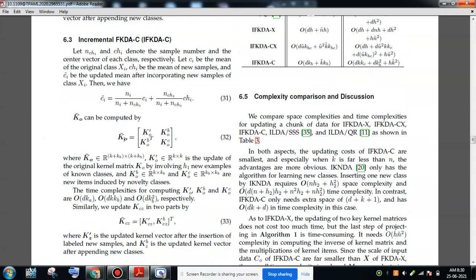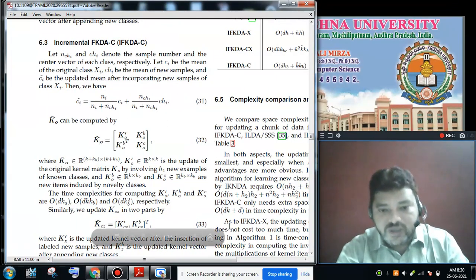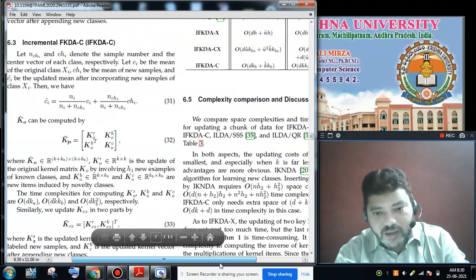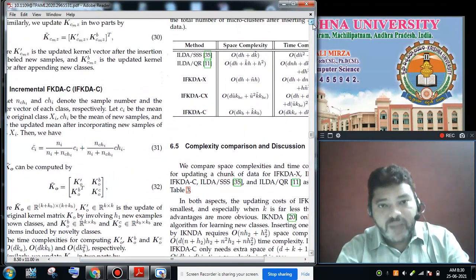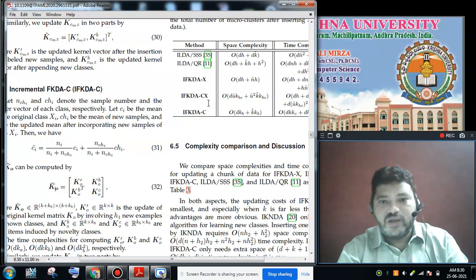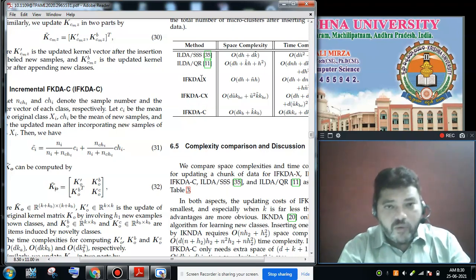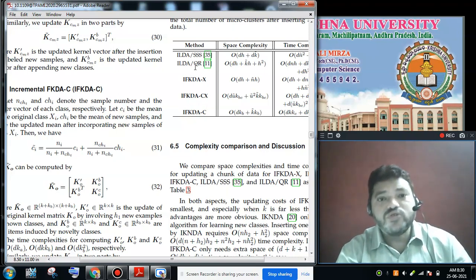Again they have worked out the complexity of these three newly proposed incremental versions: IFKDAX, IFKDAC, IFKDACX.